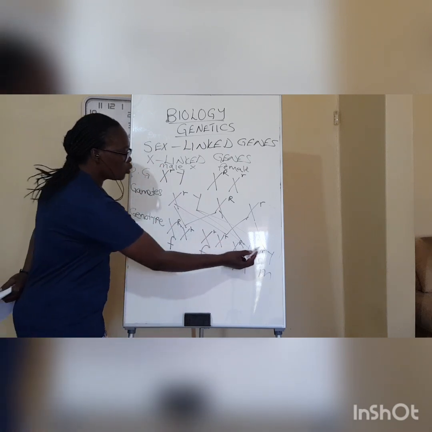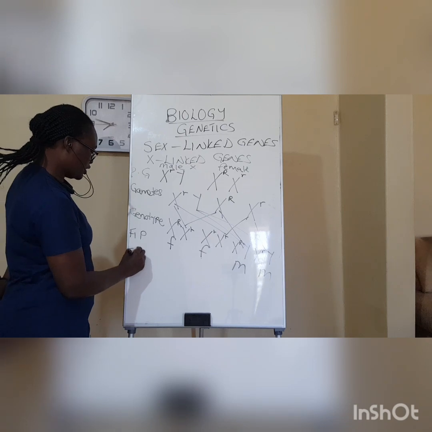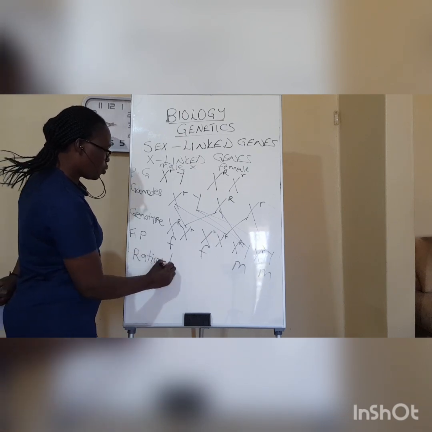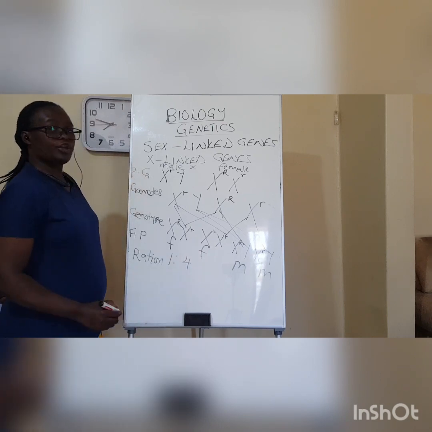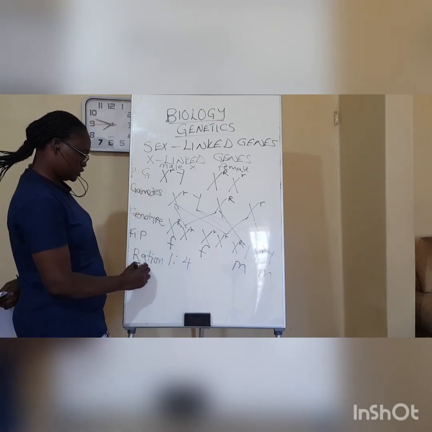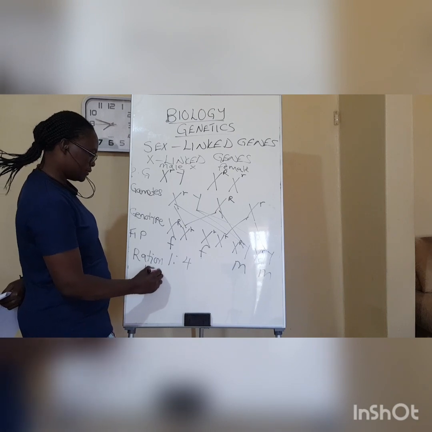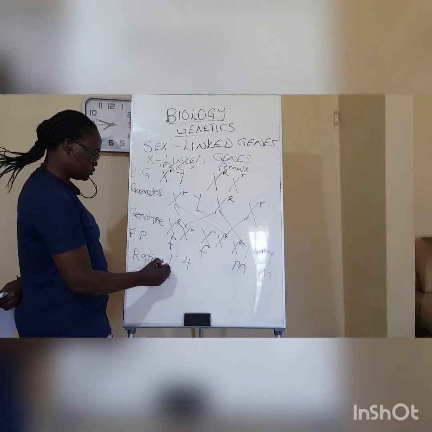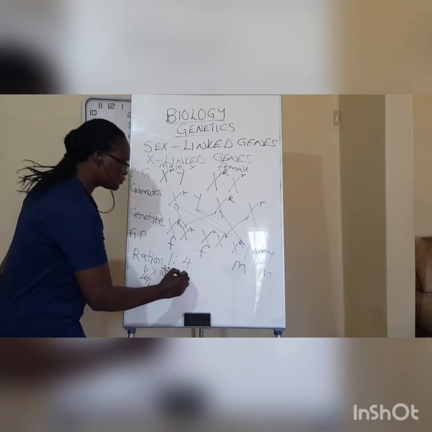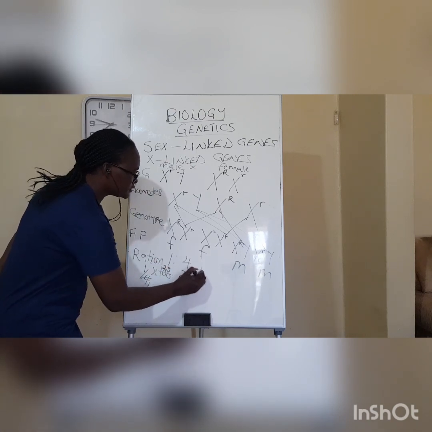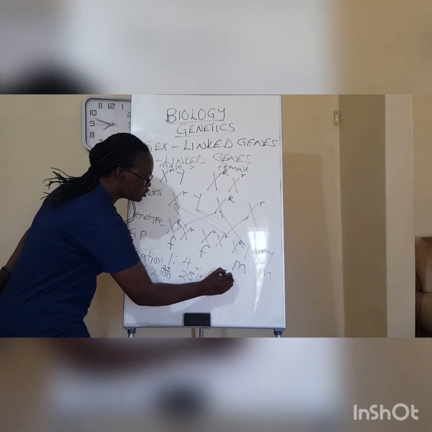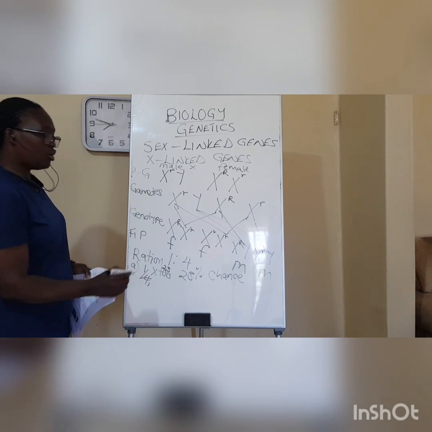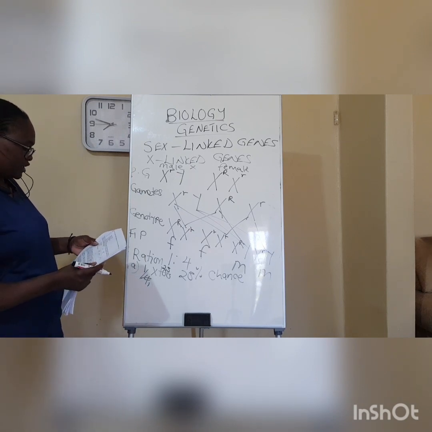So we have only one. So it is the ratio 1:4. If you want to write it in percentage, it is 1/4 times 100, which is 25%. 25% chance. That's for question number A, of a male child being born colorblind.